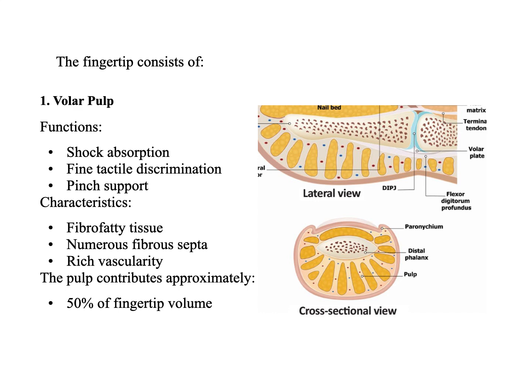The pulp is approximately 50% of fingertip volume. The fingertip itself has specific nerve endings that aid its functions, like Merkel's discs, which are located in the superficial dermis. They usually detect points, shapes and textures.